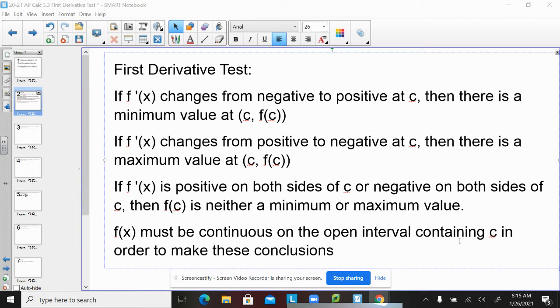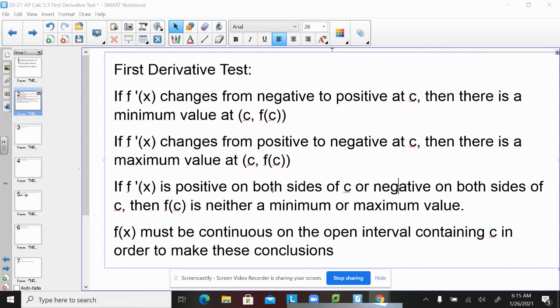All right, oh well. So the third one says if f prime of x is positive on both sides or negative on both sides. So if the derivative is positive before the value and then positive again, that means the function is increasing up until c, and then increasing after, so there would not be a max or a min. And then the last sentence here says it's got to be continuous for that to happen.